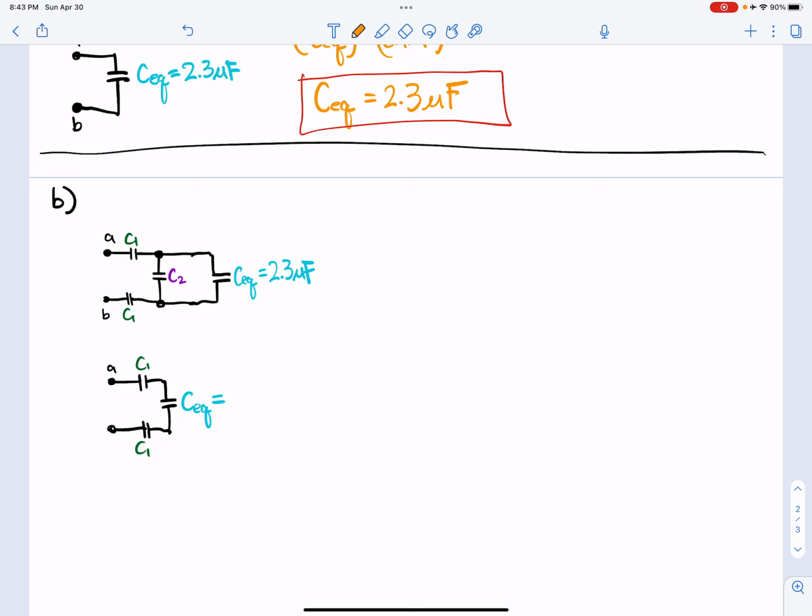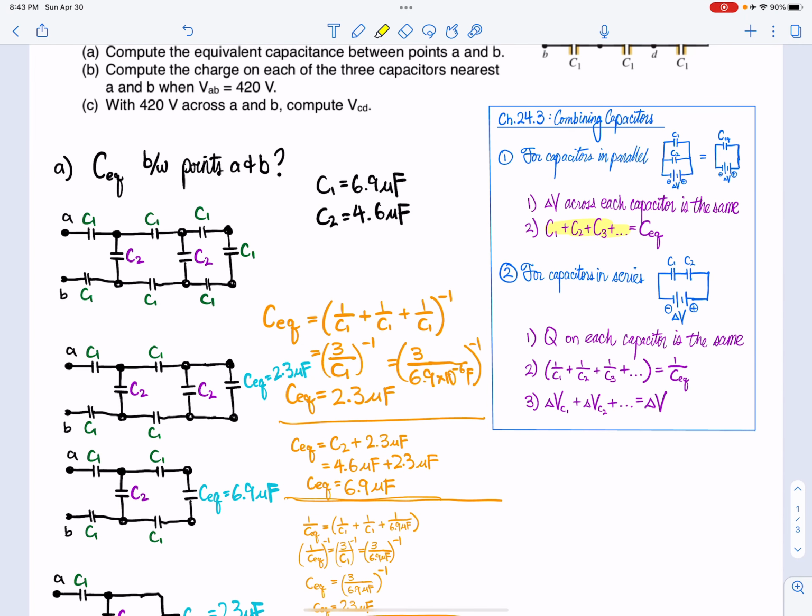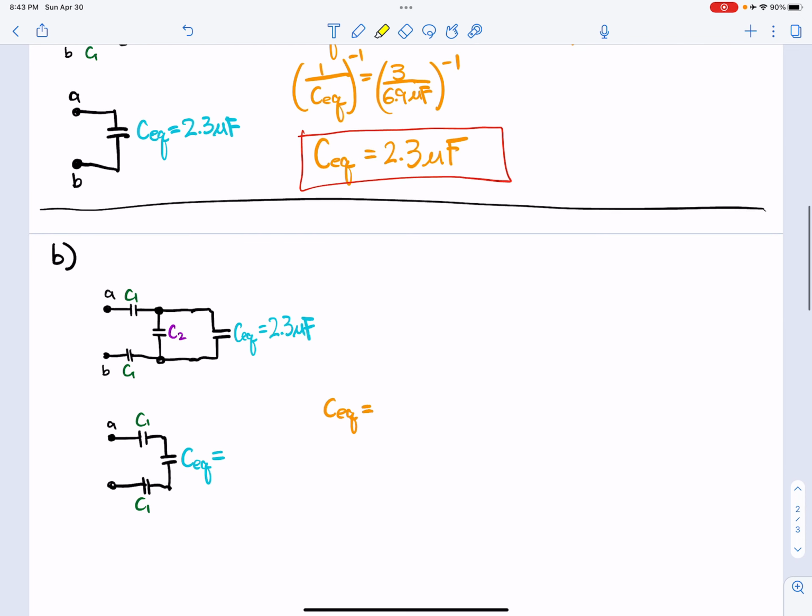So I have C equivalent is equal to, since these two capacitors are in parallel, all I need to do is add them, and the sum of those two capacitors is just going to give me my equivalent capacitance.